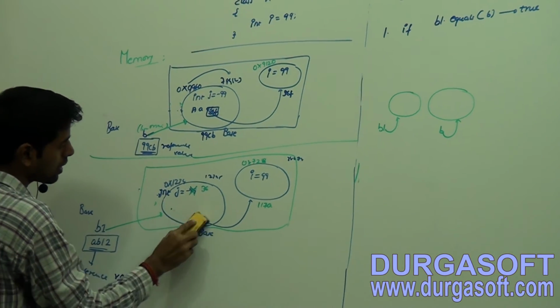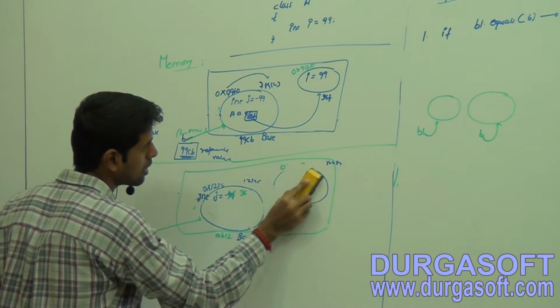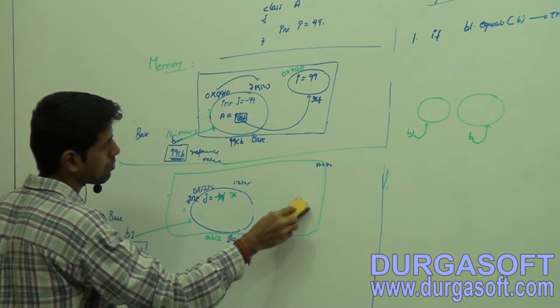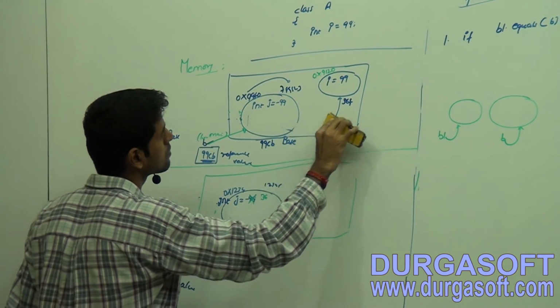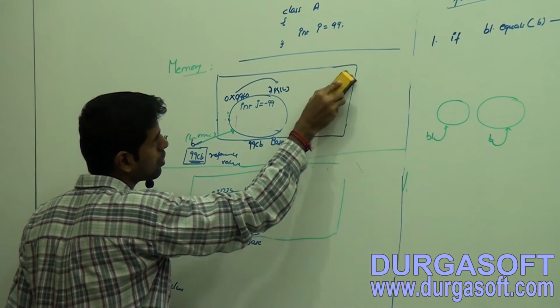I don't want to take the other instance variables, let me make this simple. It's a sure bet if you go to OCJP, guys.